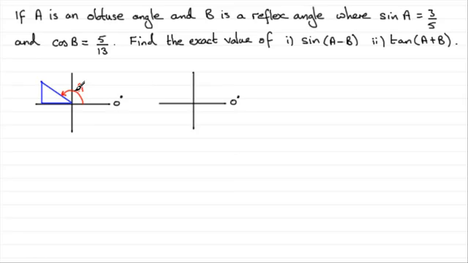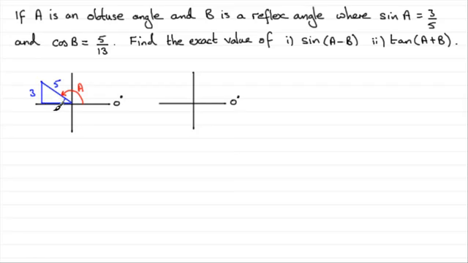And we're told that the sine of angle A is 3/5. That means we work off this angle here, and for sine, sine is opposite over hypotenuse. So the ratio is 3 to 5. Now we've got to work out the remaining side of the triangle, and you can do this by Pythagoras' theorem.